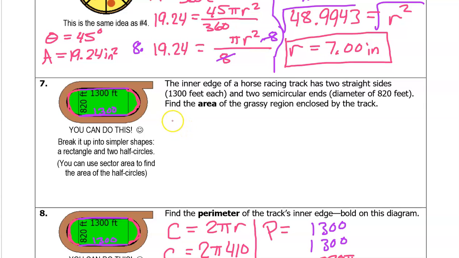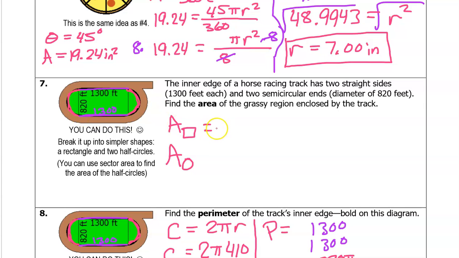So here's the thing. The area of the grassy region can be thought of as two parts. We have the area of the rectangle, and then we have the area of the circle. Okay, let's start with the area of the rectangle. The formula for the area of a rectangle is just length times width, or some people say base times height.